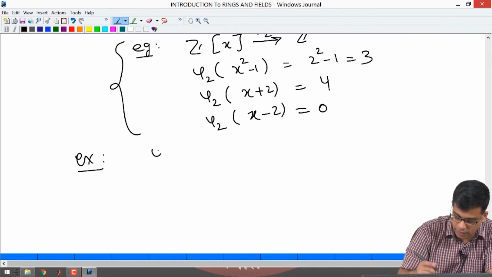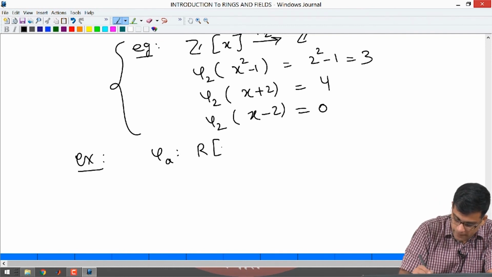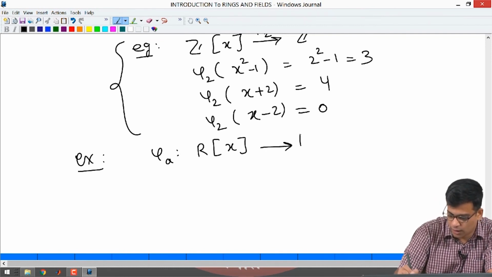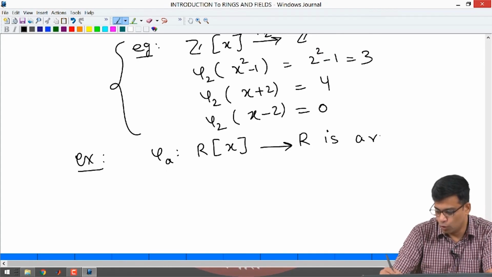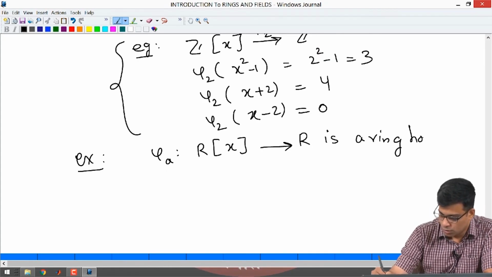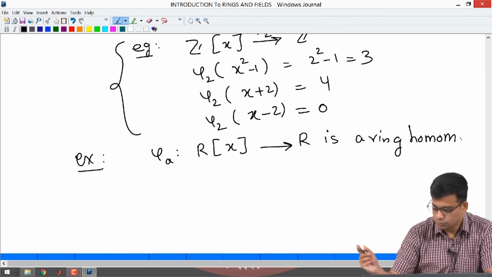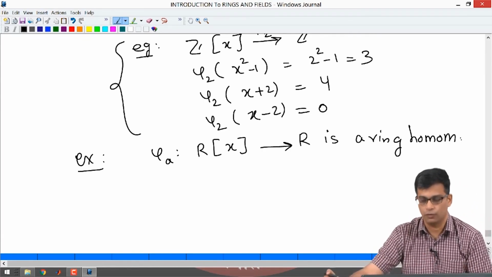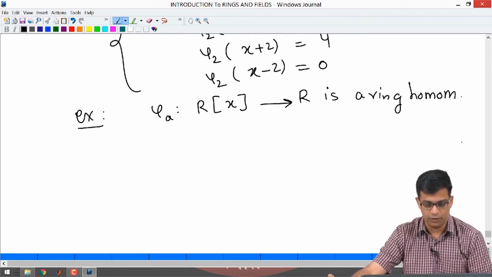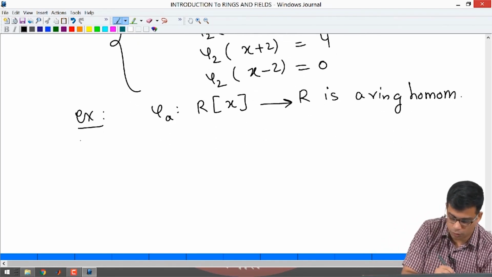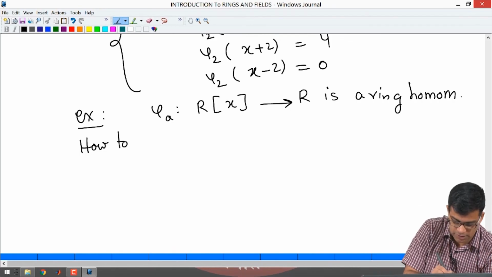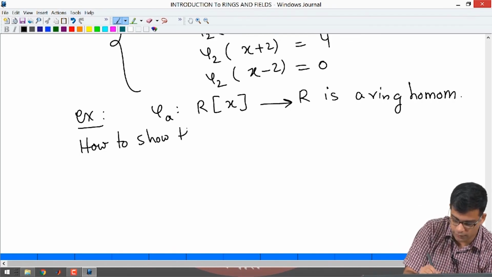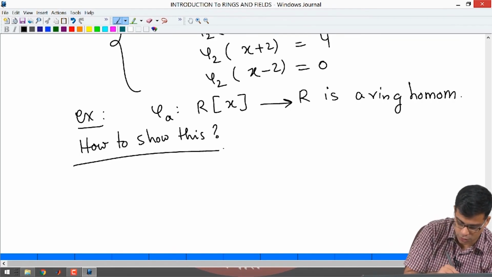Now, going back to the general case, phi a from R[x] to R is a ring homomorphism. Let me just quickly tell you, instead of giving you a full proof, which I will leave for you to do, how to show this. I will give you some hints and ask you to finish the proof.